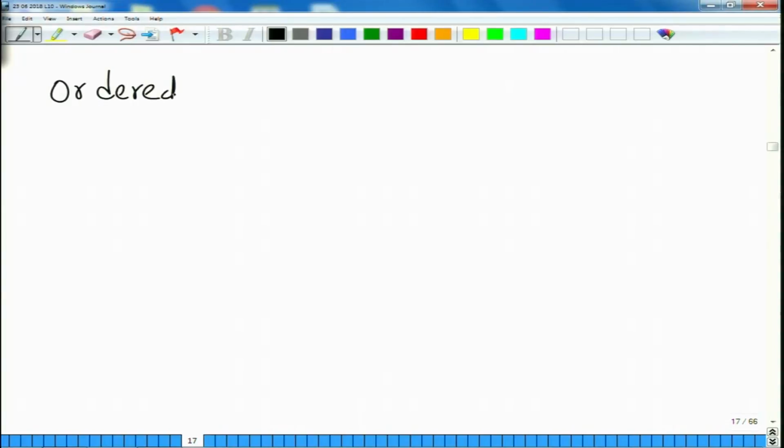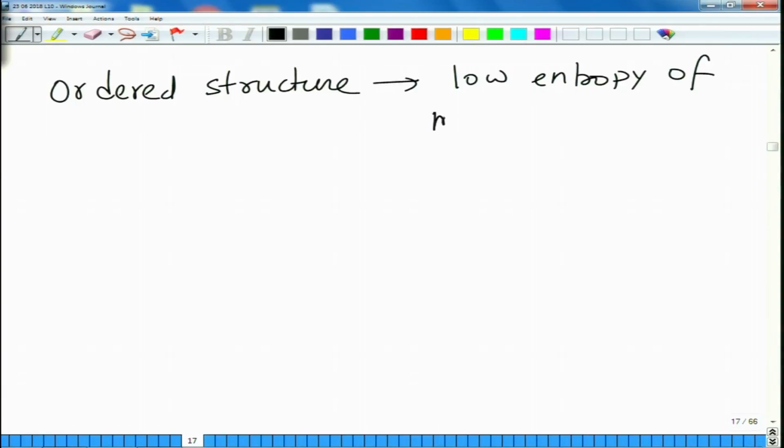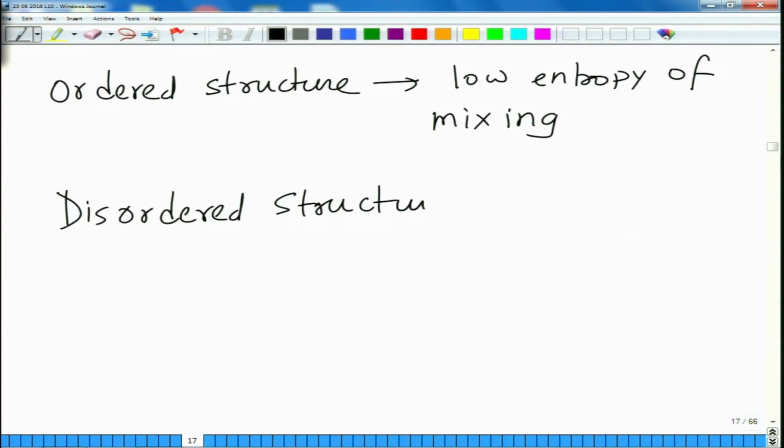However, in the context of thermodynamics, basically what it means is that an ordered structure defines low entropy of mixing, and a disordered structure has high entropy of mixing.